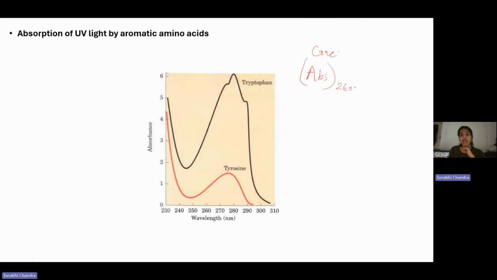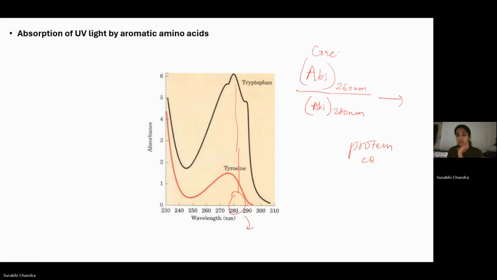At 260 nanometer, nucleic acids absorb, and at 280 nanometer, proteins show absorbance, which is primarily due to the aromatic amino acid residues. So this ratio gives us an estimate of the protein contamination in a nucleic acid sample.